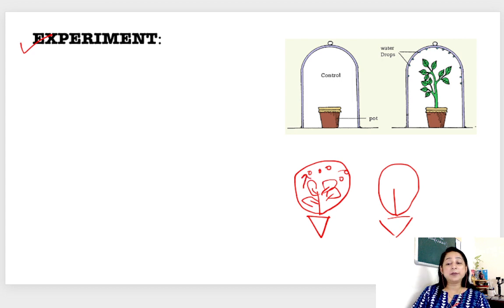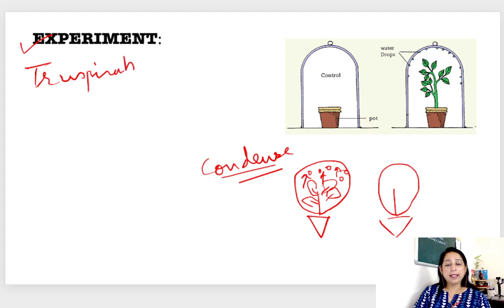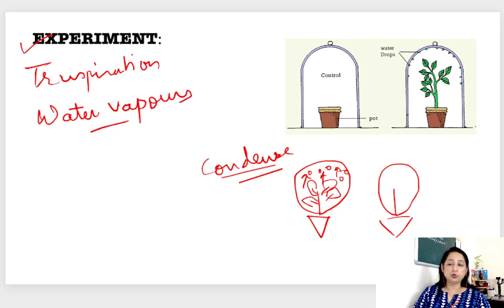As and when the vapors touch the cold surface, they condense and show water droplets, which show that the plant has given out water by the process of transpiration, and the water comes out in the form of vapors. So this is an experiment to prove this.